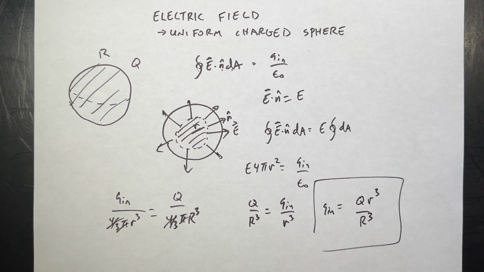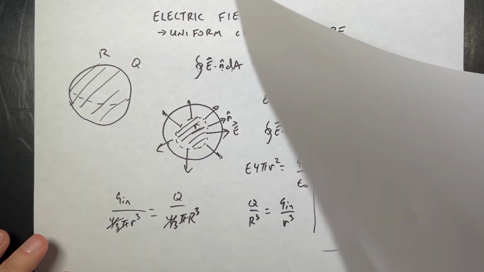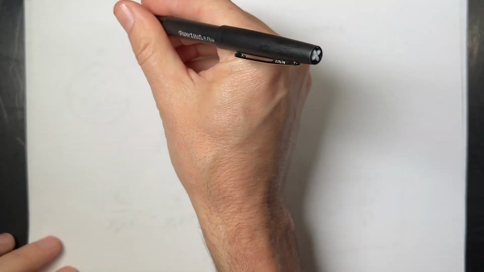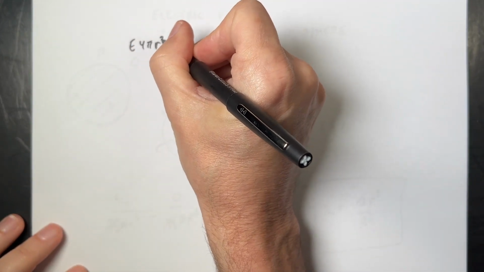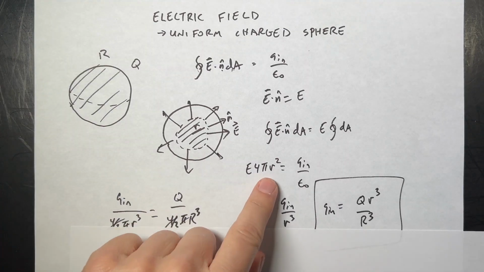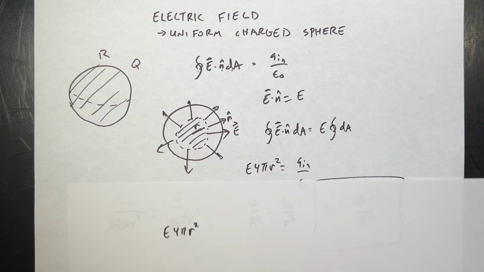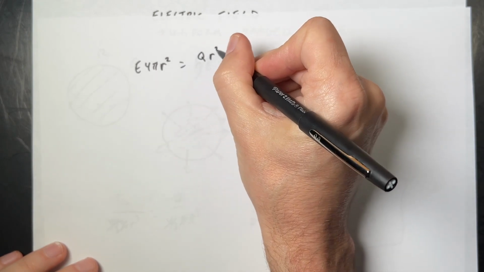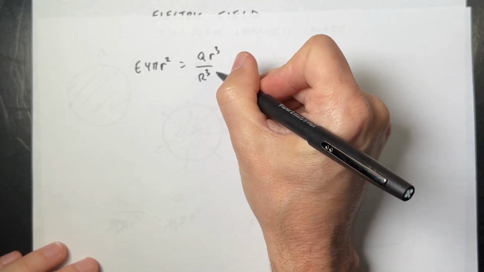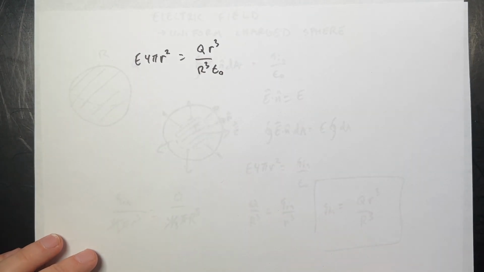So let's put that in up here, switching to a new piece of paper just so I have plenty of space. I'll write it the same way: E times 4 pi r squared, that's the surface area, is equal to Qn, which is Q r cubed over R cubed, and then I have the epsilon naught down there.